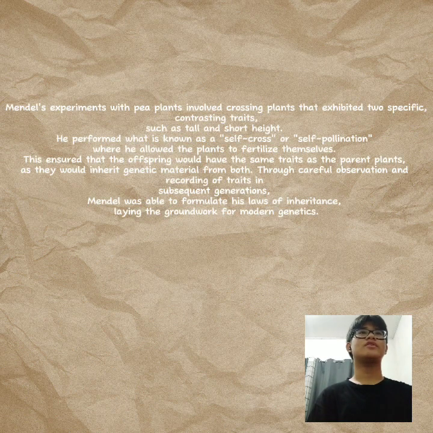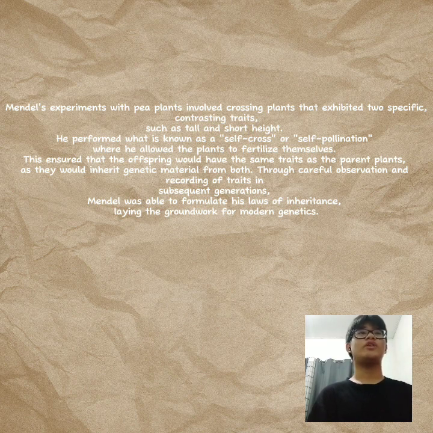And last is the self-pollination. Mendel's experiments with pea plants involved crossing plants that exhibit specific contrasting traits, such as tall and short height. He performed what is known as self-pollination, where he allowed the plants to fertilize themselves.